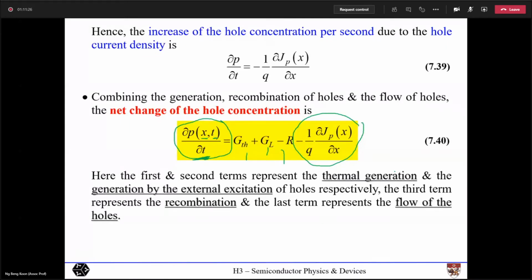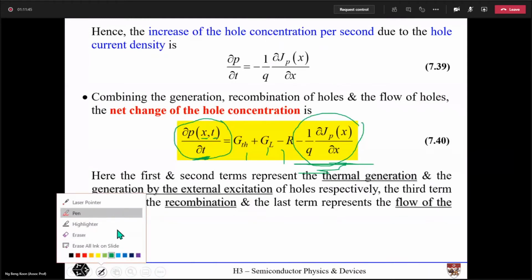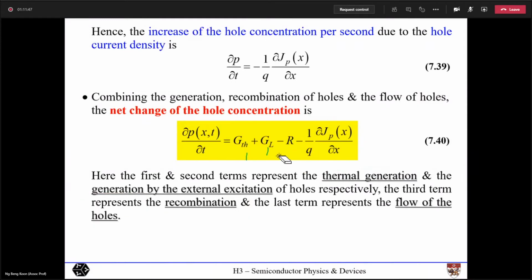In the case of holes, the current flow would change the rate of change of hole concentration by this term here, minus 1 over q, times the partial derivative of the current density of holes with respect to position. This equation is called the continuity equation for holes, and really the rate equation is a subset of this.